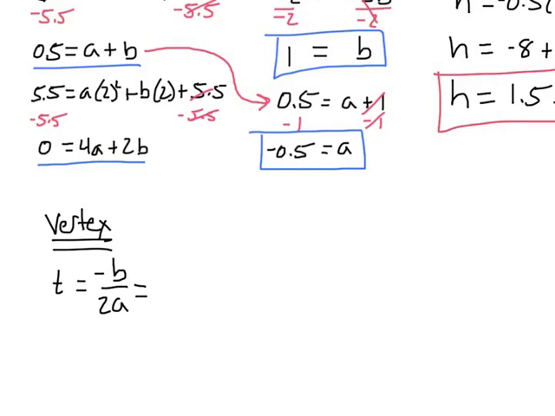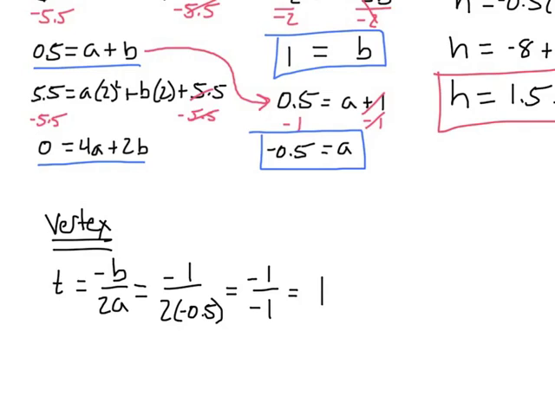So negative b, that's negative 1 over 2 times negative 0.5. Well, what is 2 times negative 0.5? Negative 1. So therefore, our time is 1. Now, at this point, if you wanted to use that table of values, you certainly could.